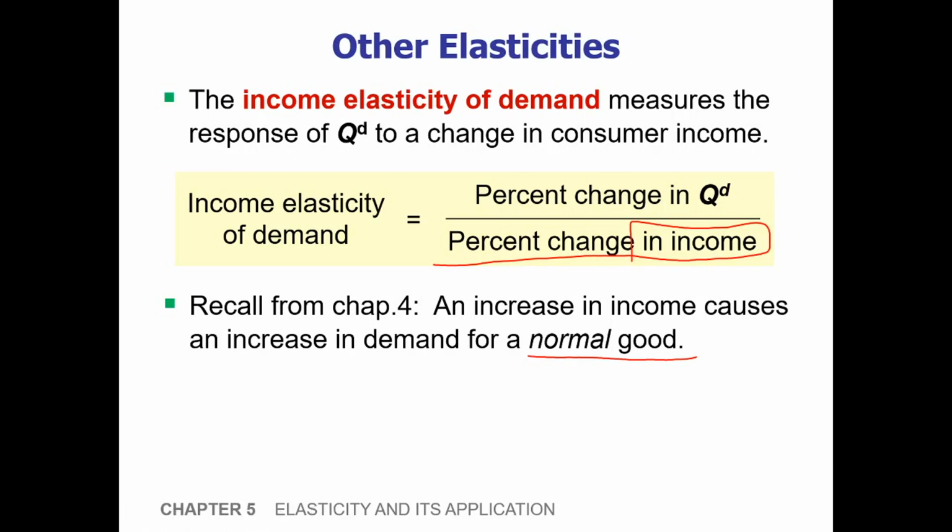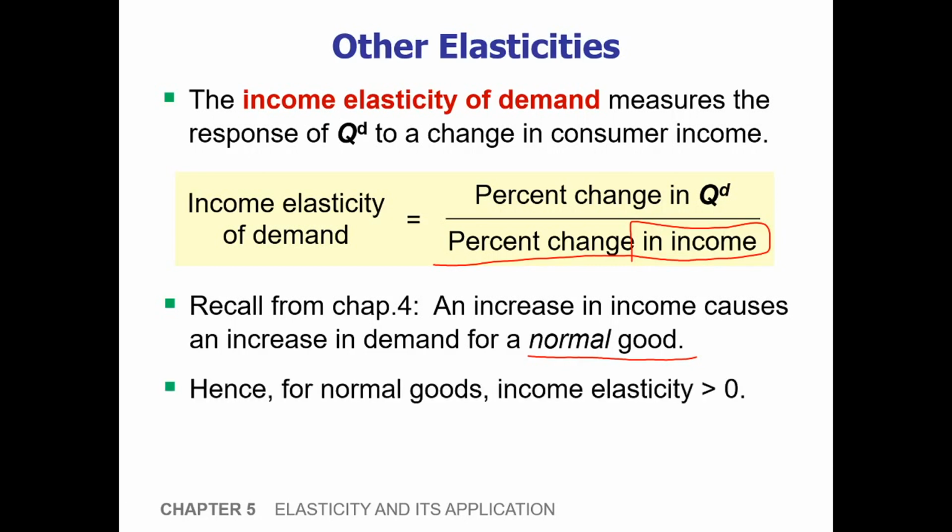So in the case of normal goods, income elasticity of demand is positive, greater than 0, because there is a positive relationship between your income and the demand for a normal good. The demand for apples will increase as your income increases. See, both of these things are increasing, income and demand for apples. So its income elasticity of demand would always be greater than 0.